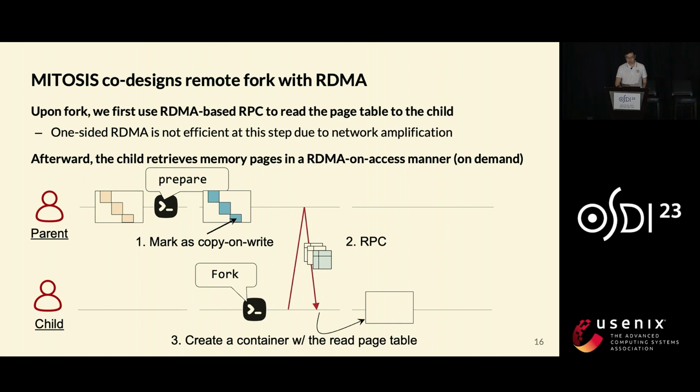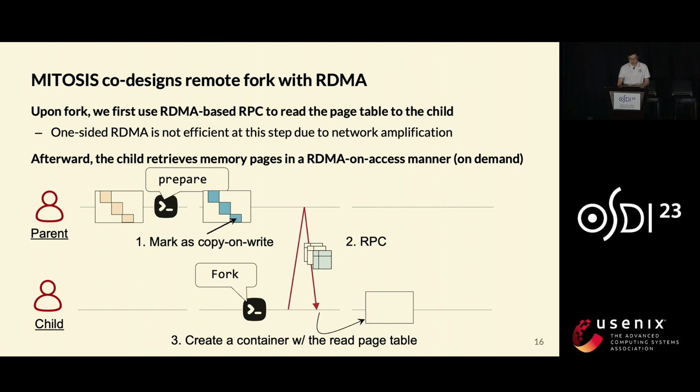Recall that the goal of remote fork is inheriting the initialized memory states. The child machine will use RPC to read the page table located on the parent. We use RPC here because if one-sided RDMA is used in this step, too many network round trips will be involved.